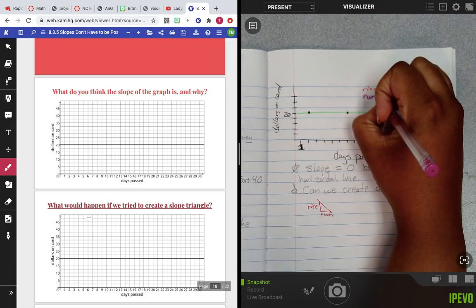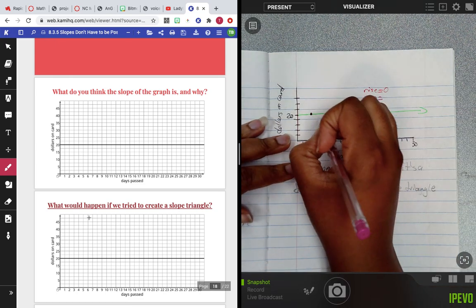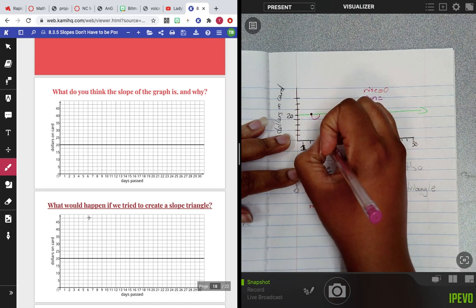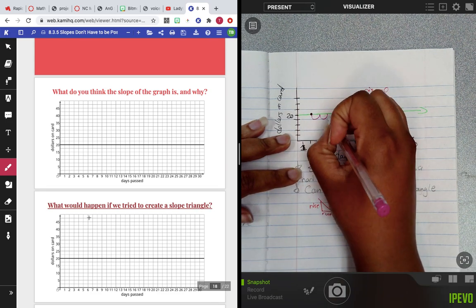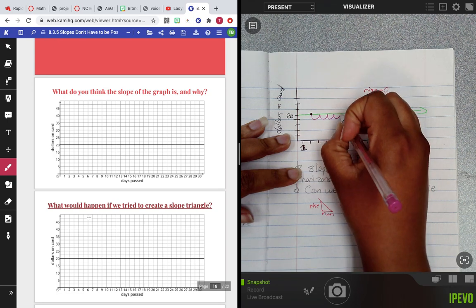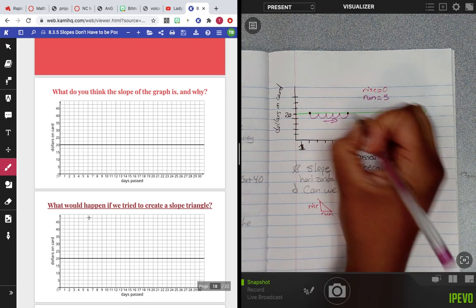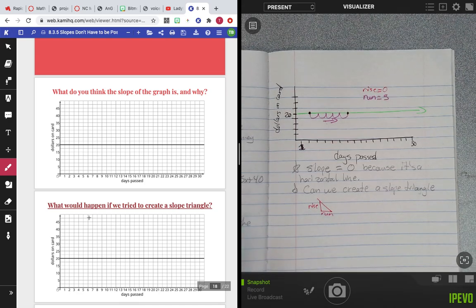Can I go to the left or right? I actually can. So if I start here, 1, 2, 3, 4, 5. I ran to the right 5 times.